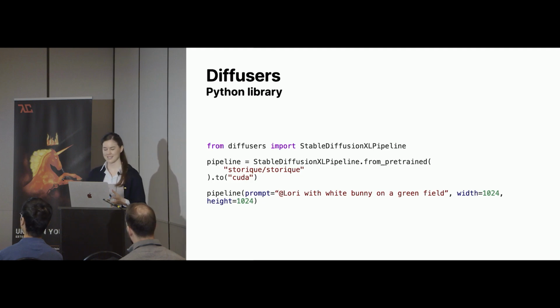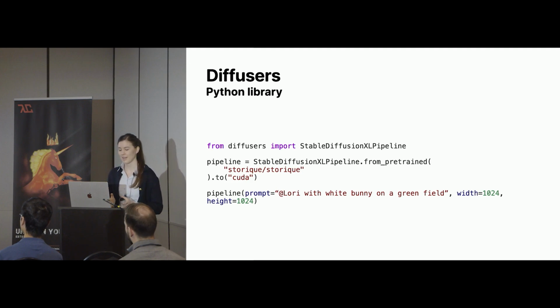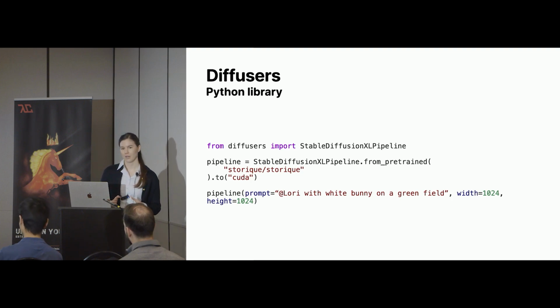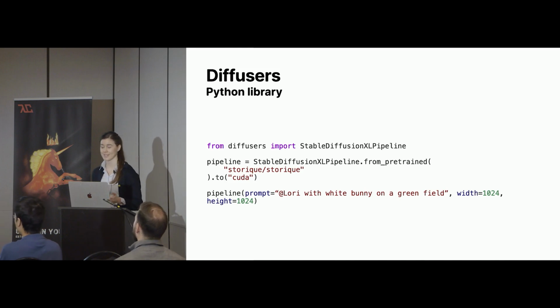It's an ecosystem like GitHub for machine learning models, and it's very easy to use the Diffusers library. We can upload our own model to Replicate, which I'm going to talk about later. And with the Diffusers library, we can call our own fine-tuned model and generate pictures with this short code.